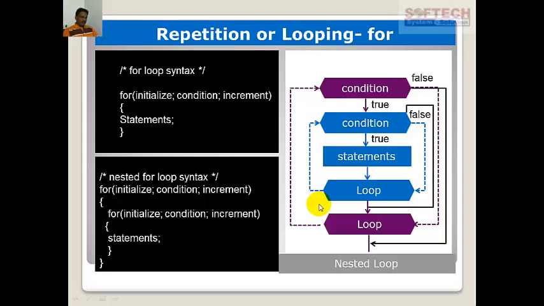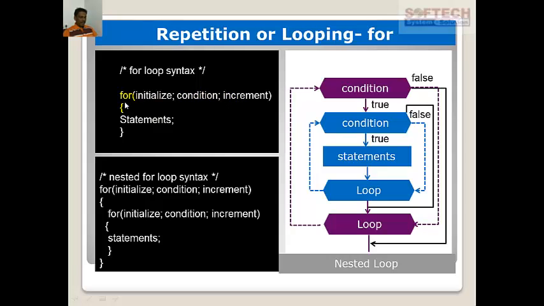The third statement is the for loop. In repetition or looping control statements, there are three types in total: one is while, the second is do while, and the last is the for loop. The syntax of the for loop is: for, within parentheses, initialize semicolon condition semicolon increment.